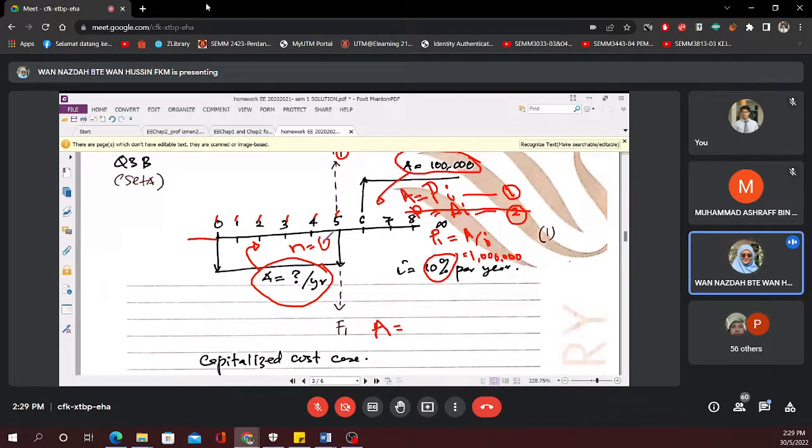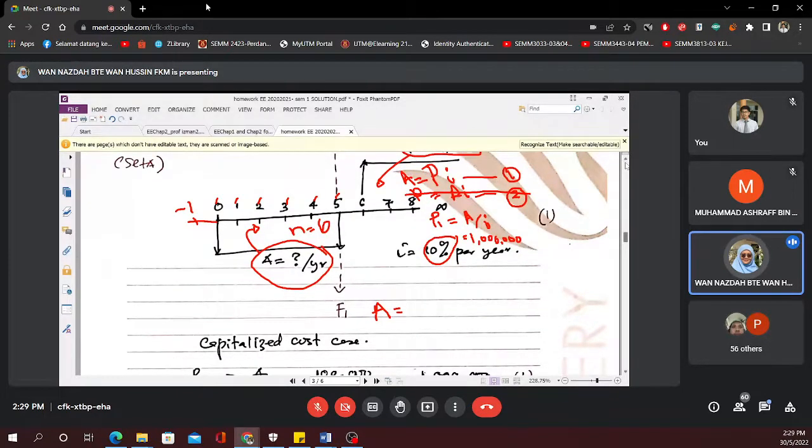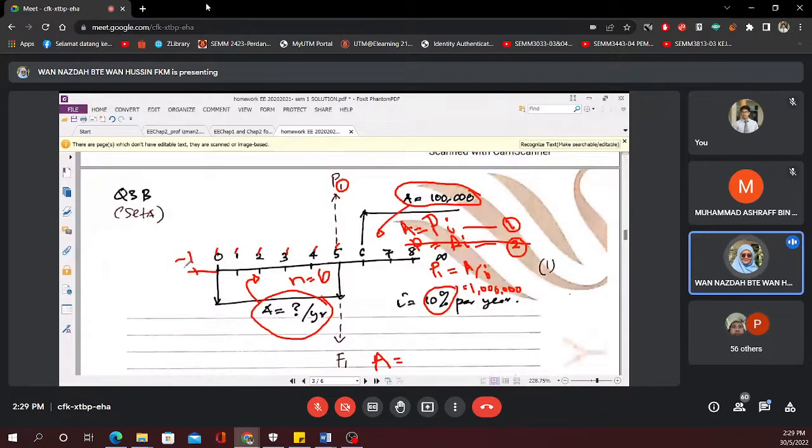And where does your calculation take place? You are calculating at N equals to -1. So this P value, at N equals to -1, you are actually looking at F. So for A unknown and F known, what formula to use?